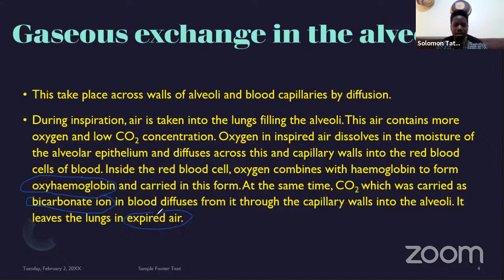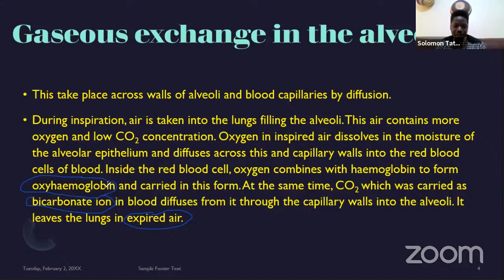Okay. So the thing to note here is the fact that when oxygen is absorbed by the red blood cells, it gets into the center of the red blood cells where we find hemoglobin. The hemoglobin is converted into oxyhemoglobin, which carries the oxygen to the rest of the body where it dissociates, and then oxygen goes into the muscles where it is required. The bicarbonate ion is the form in which carbon dioxide is carried in blood.